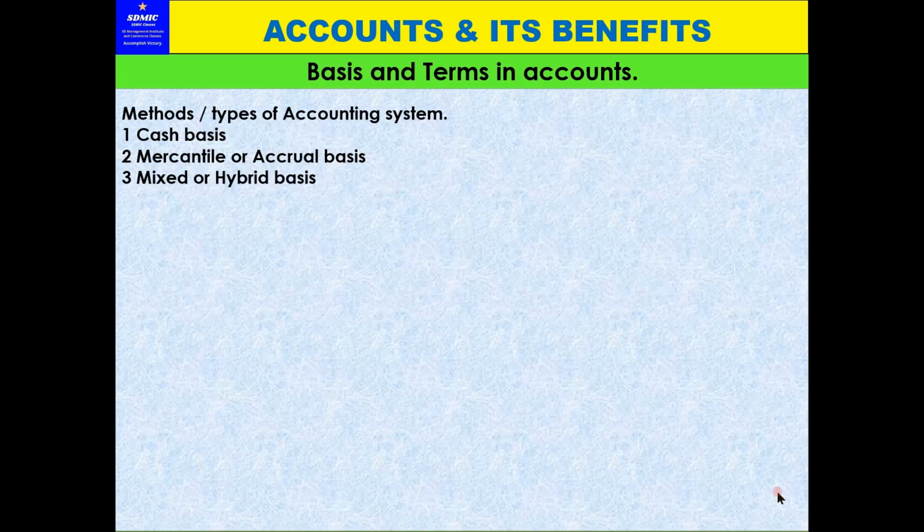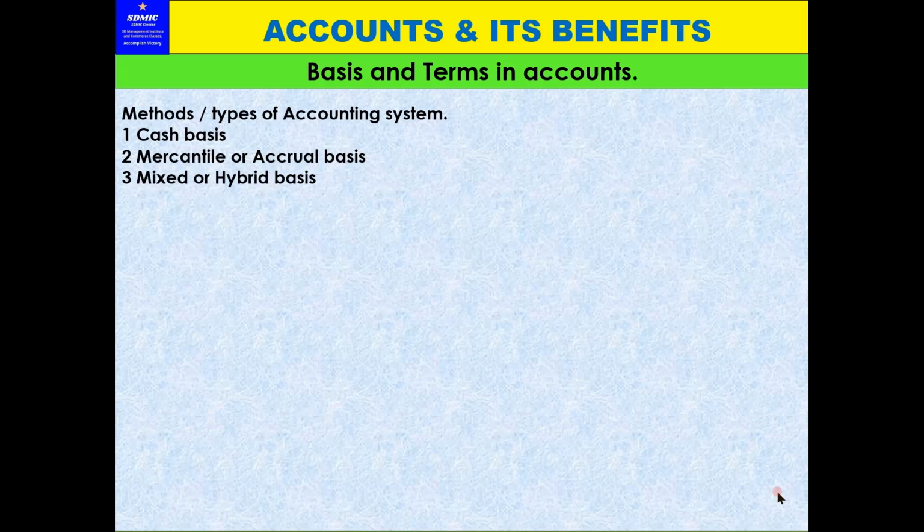Now in mixed or hybrid basis, both the cash basis and the mercantile or accrual basis are taken in this system. Mostly in this case, revenues and assets are generally recorded on a cash basis, and expenses are generally taken on an accrual basis.